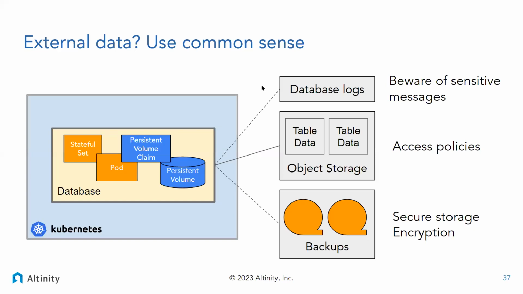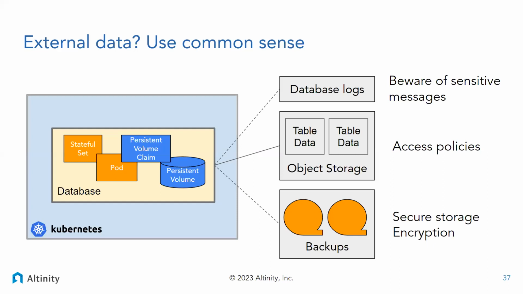And then finally, database logs. This is one that people don't always think about. But if you're using, for example, Datadog and collecting logs there, or you are using Grafana Cloud, what that means is you're taking log messages out of ClickHouse and forwarding them, for example, to Grafana Loki in some other location, and there could be sensitive information in there.